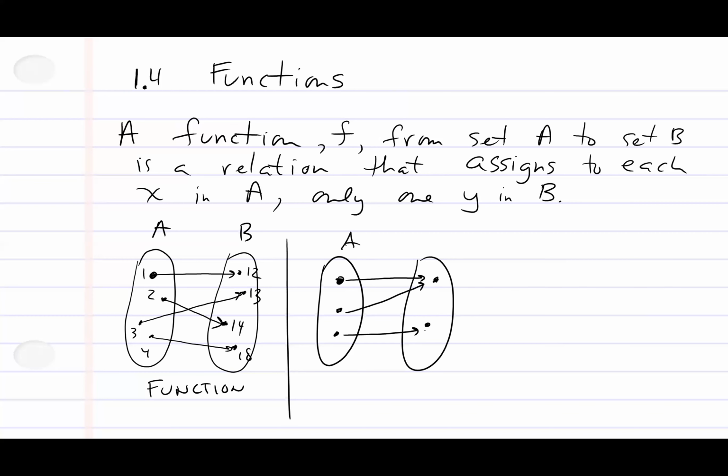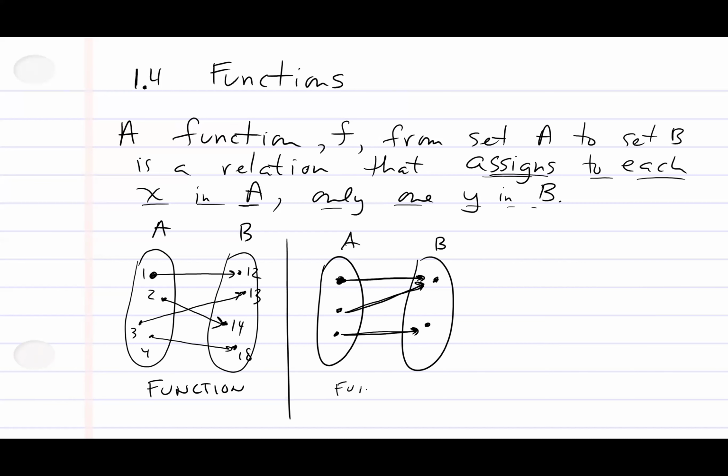This dot goes over here. So question, is that a function? Let's see what it says. It assigns to each X in A only one Y in B. So this guy goes to this piece, this one goes to this one, this one goes to that one. Are we good there? That's a function.